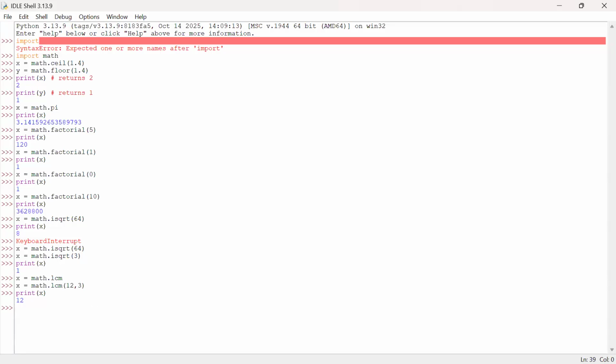So any questions on the ones we've done so far? No, sir. Okay. All right, let's see if we can discover some other ones. So do the same thing, X assignment operator, math dot, and then we'll keep going down with the arrow key.